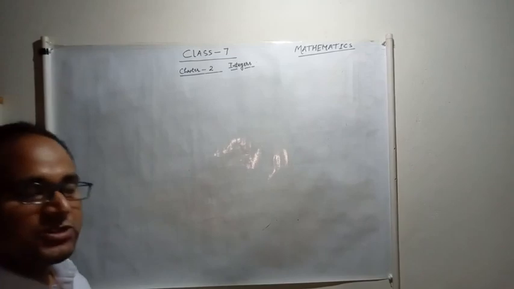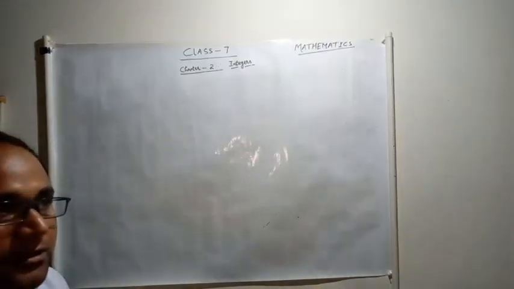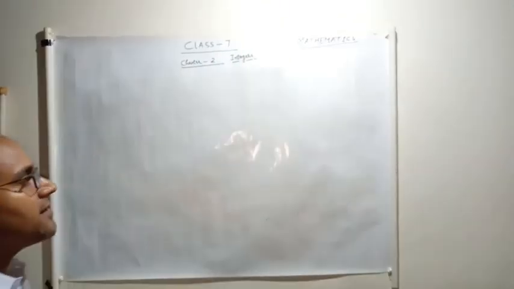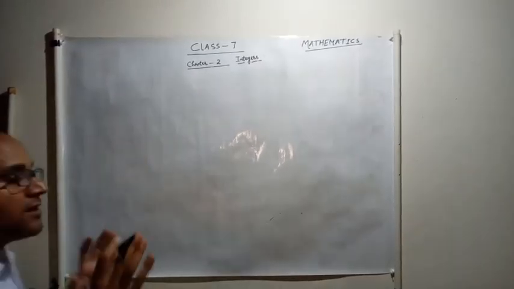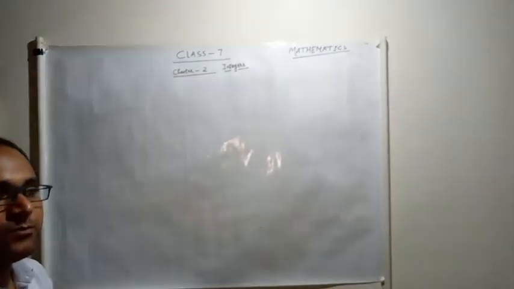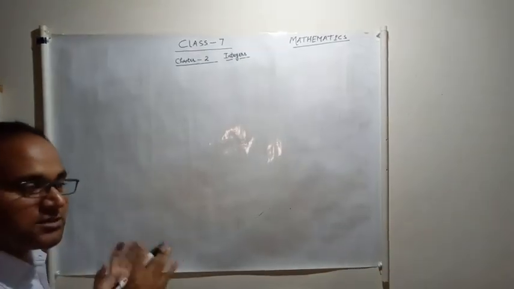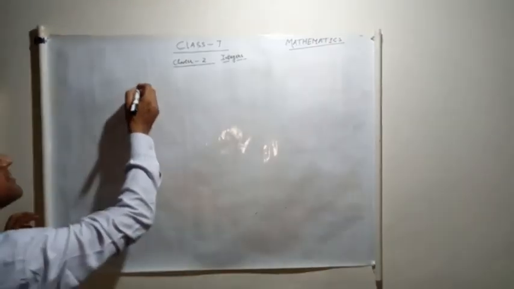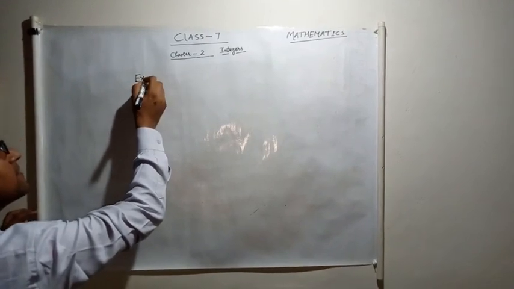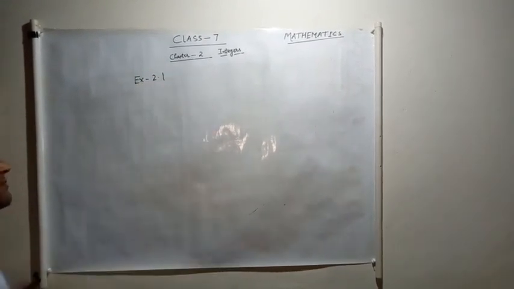After completing my topics, I am going to start the solution of exercise 2.1, which I earlier gave as homework. Today I am going to discuss this type of question. Exercise 2.1.